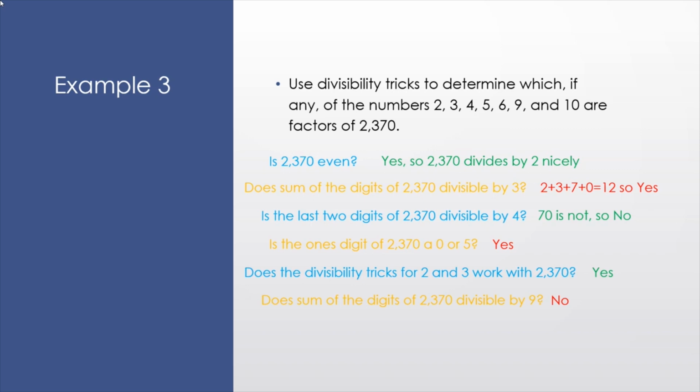So if you were to plug this in your calculator, you would get a number followed by a decimal, which means that there's a remainder. Is the ones digit of 2,370 a 0? This would be the divisibility trick for 10, and the answer is yes, which means that the number is divisible by 10. So these can be very helpful.